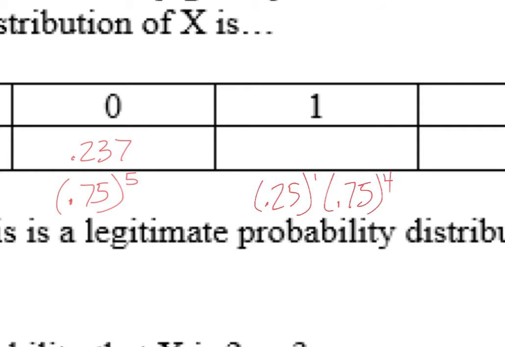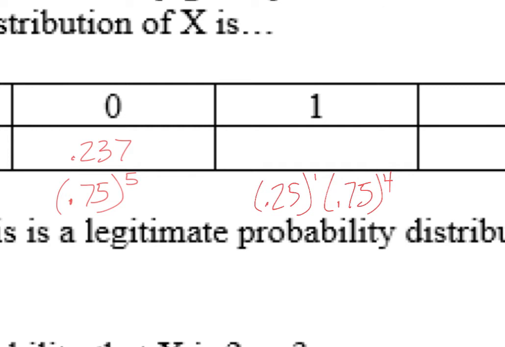So this is an intuitive calculation. We'd say 0.75 to the 4th power times 0.25, and we would get about a 0.079, I guess, is what we would get.